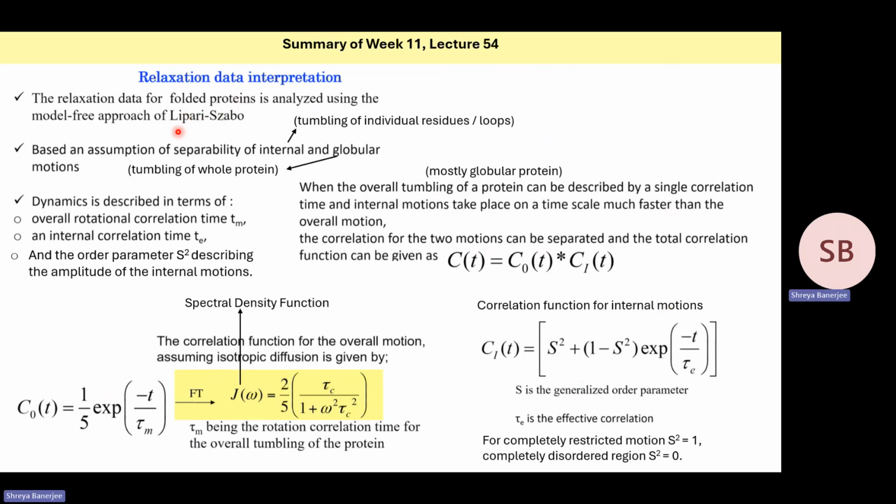This is the Lipari-Szabo assumption. C0(t) is what we have already talked about earlier, the correlation function for a rigid rotor, which can be Fourier transformed into the spectral density function. Ci(t), the internal motion, can be defined by the formula S squared plus (1 minus S squared) times exponential of minus t by tau e.